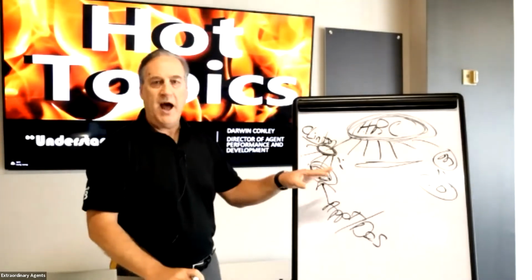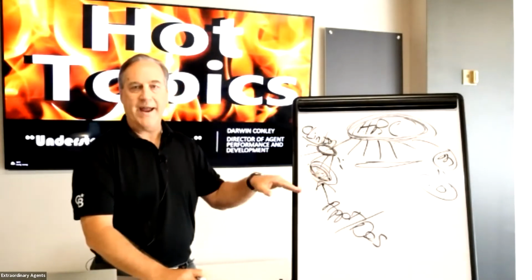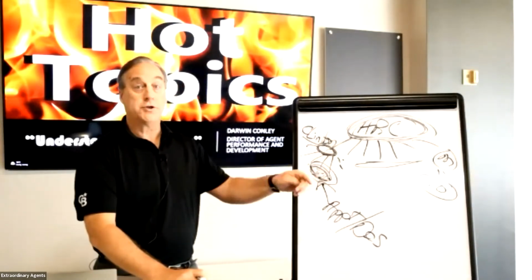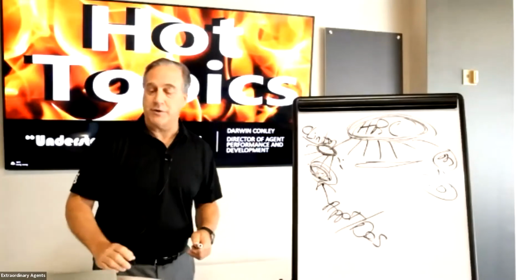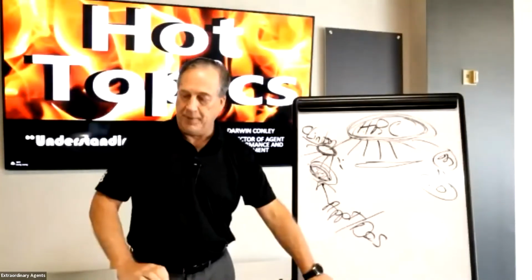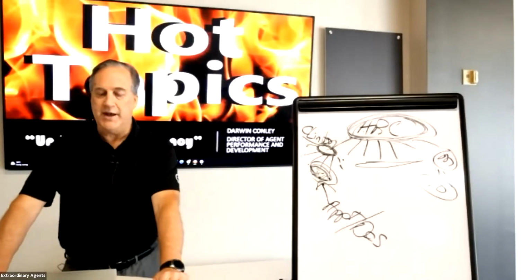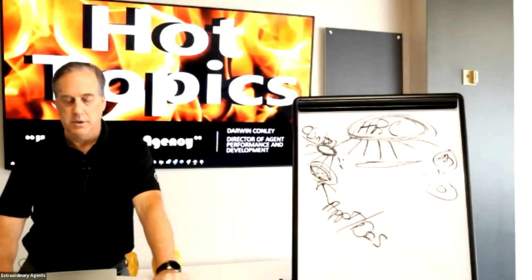So we cannot, when we do the disclosures, leave that blank open or check the one underneath. We have to check that we are a designated agency company. Hopefully that helps out a lot.